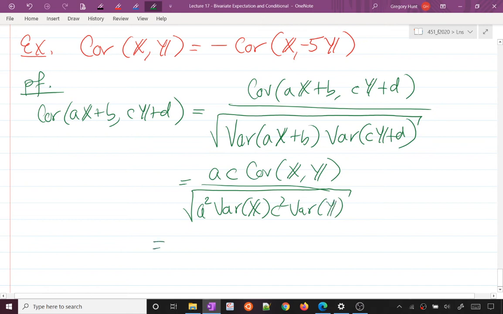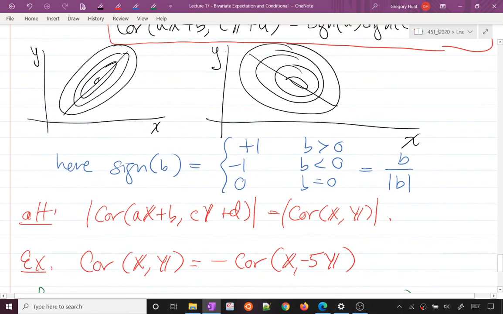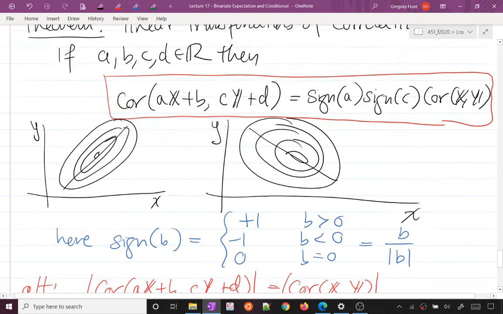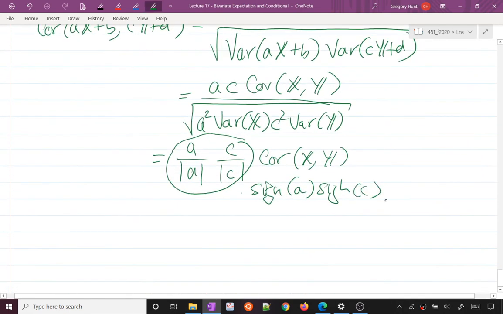And we can pull this out. This is a over absolute value of a times c over absolute value of c, because the square root of a squared is absolute value of a, the square root of c squared is absolute value of c, and what we're going to be left with is just our correlation. It's the covariance over the square root of the product of the variances. And we claim that this is, of course, sign a times sign c, right?